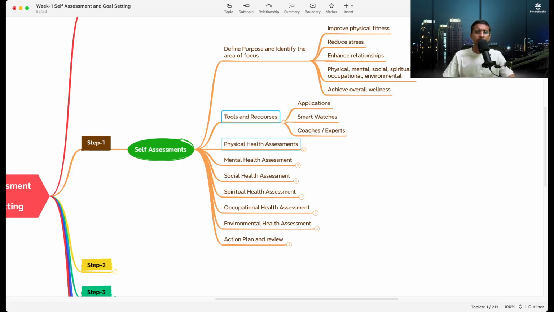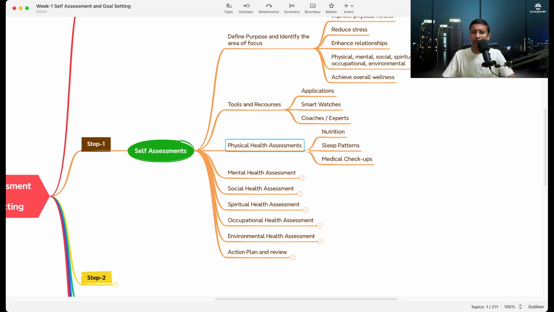And then the physical assessment. When I'm talking about physical health assessments, there is nutrition, sleep patterns, and medical checkups. You need to do them. If you're not medically fit, go to the particular doctors and do checkups. For example, if you are a diabetic patient, please check what your level of diabetes is.